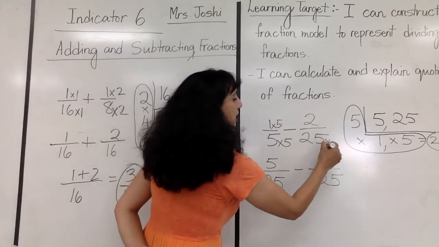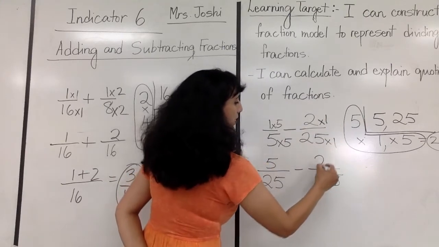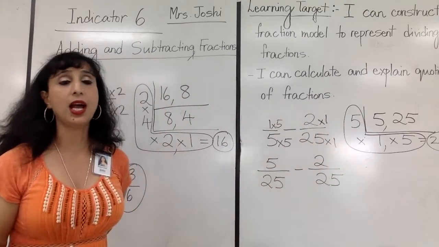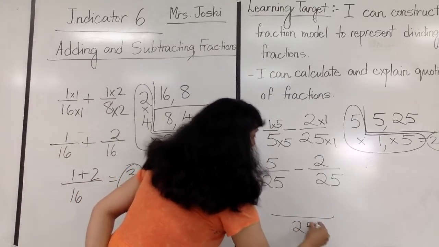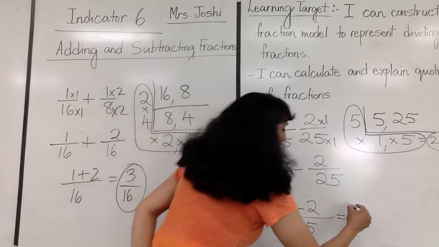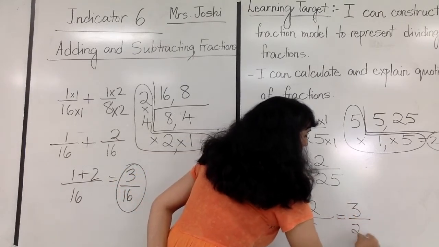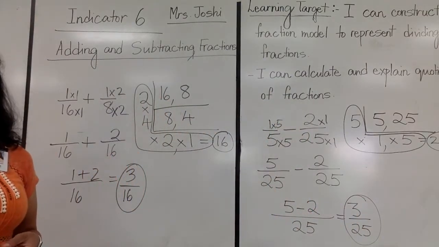And then 25 times 1 is 25. So times 1 is going to give me 2. Now I have the same denominators. So I'm going to write 25 and then 5 minus 2, which gives me 3/25 as my difference of this problem.